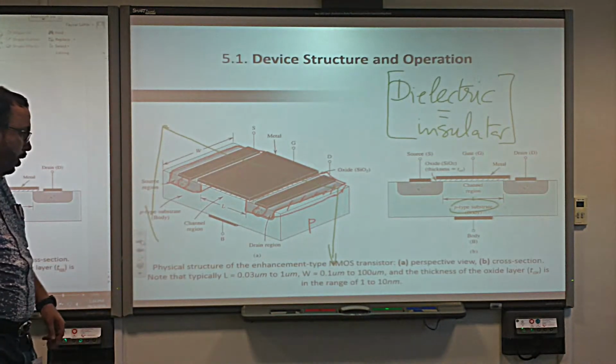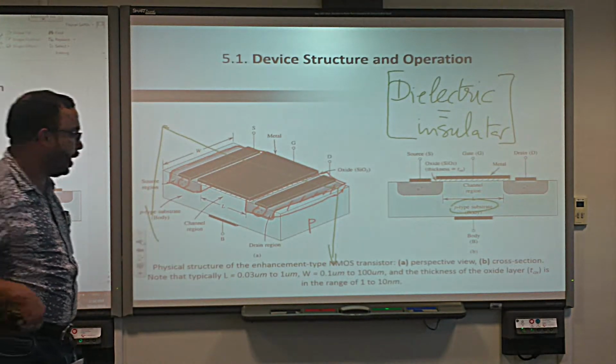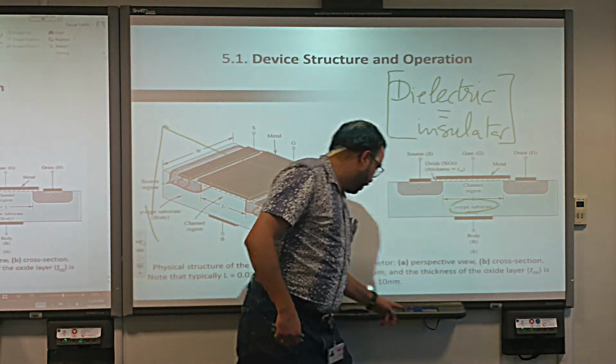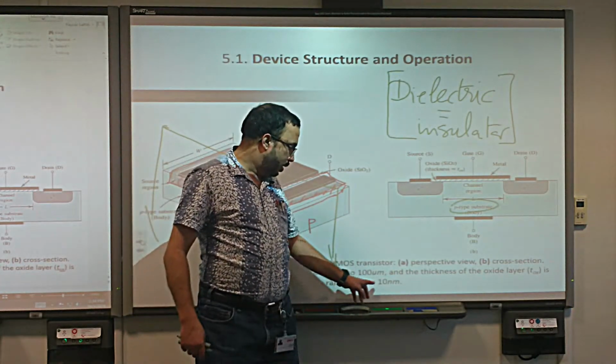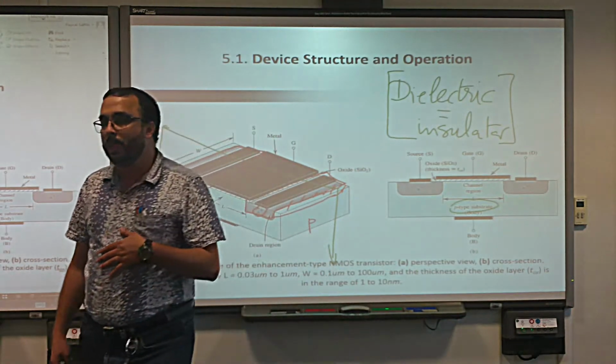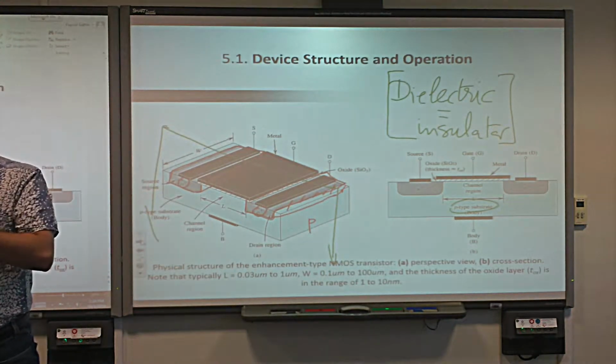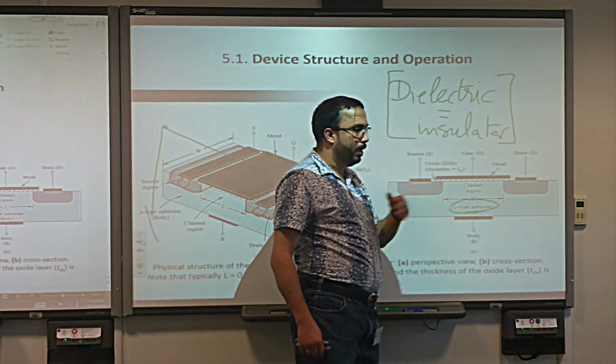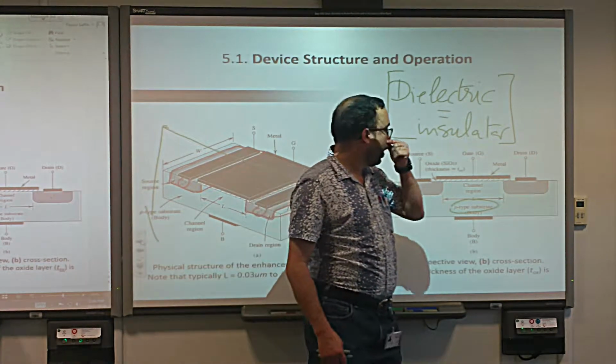The thickness of this layer is anywhere from 1 to 10 nanometers, so 10 to the power minus 9. Very, very thin. We'll see why.